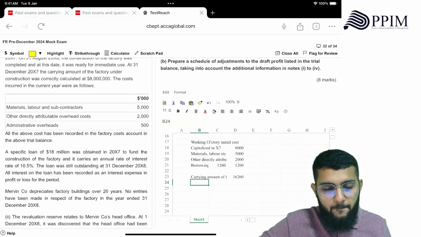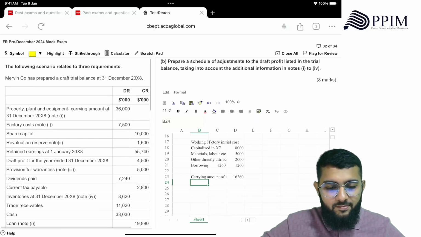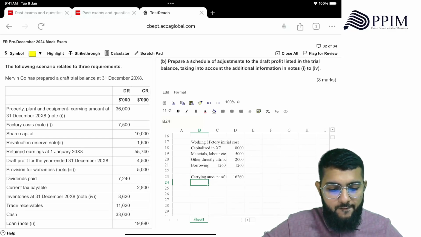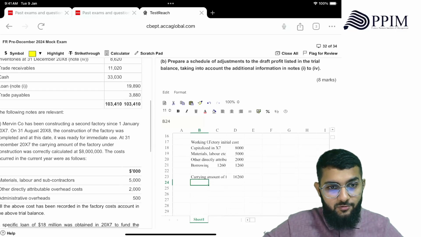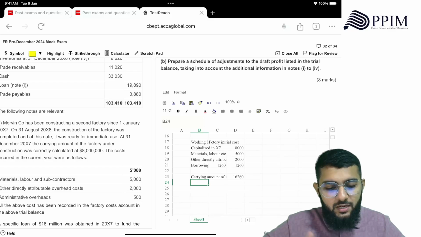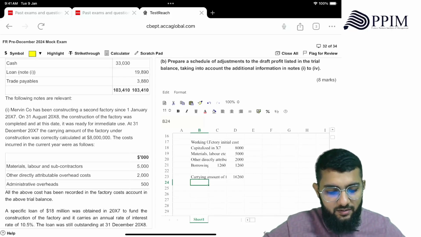So if it's 20x7 and the year end is December 20x8, then the interest is taken in 20x8. But the 8,000 they've already capitalized, they're saying. Should be correct, no? Carrying amount of factory under construction was correctly calculated, so they would have already calculated that.